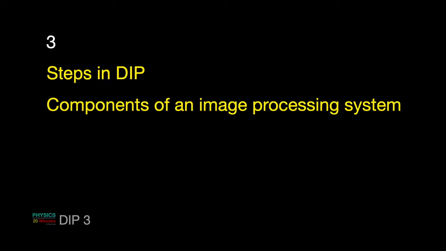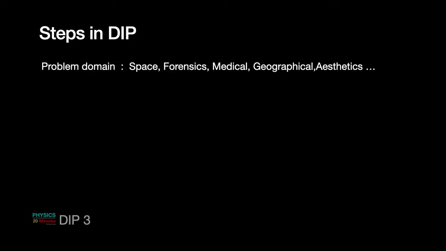So, going ahead, we have already discussed a lot of things about DIP, and a few more things will conclude the introductory part. So, what are the various steps in DIP? The first step is looking into the problem domain.